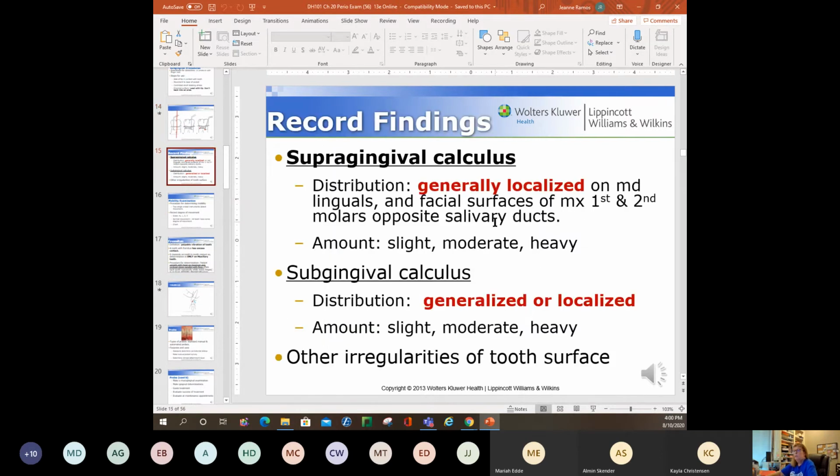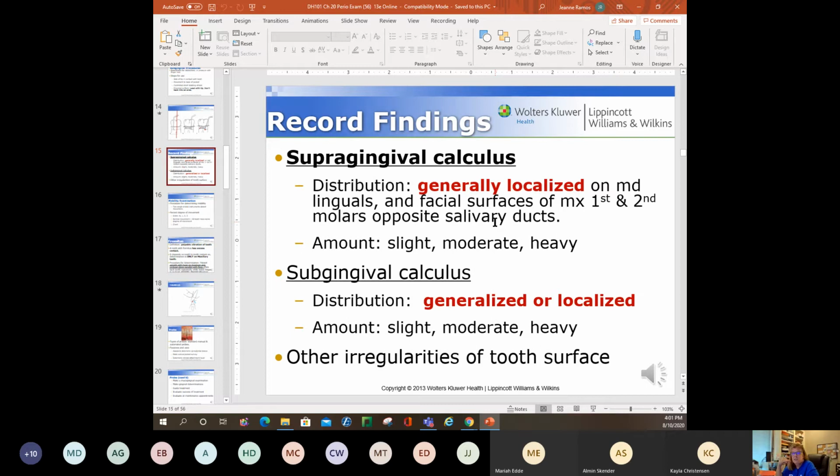So distribution, supragingival is usually localized, and it's usually because you will find a patient with what we call a bridge of calculus. It's just like someone was chewing gum and then put the middle of it on the top of their teeth and just molded it over the front and back of their lower anteriors, because it's that thick, and that's really fun to take off, but it's usually very thick.